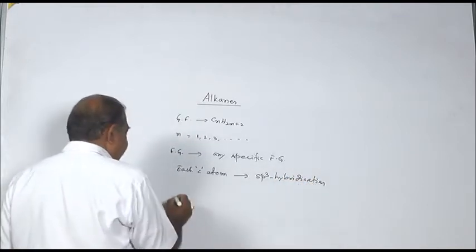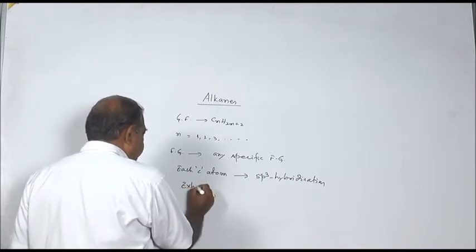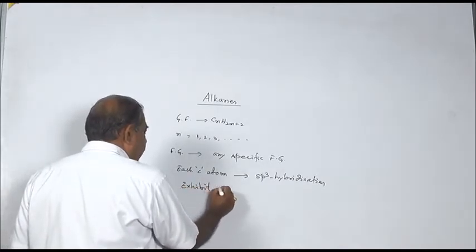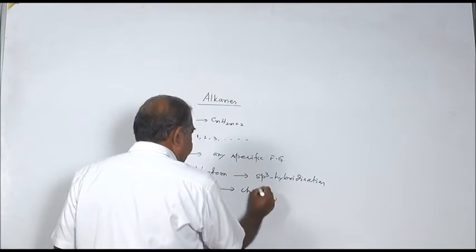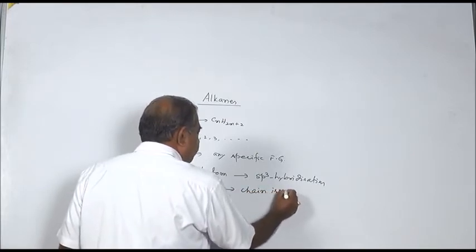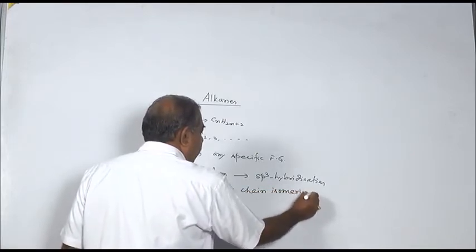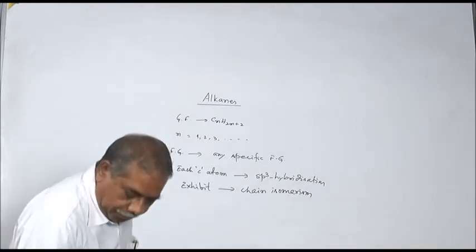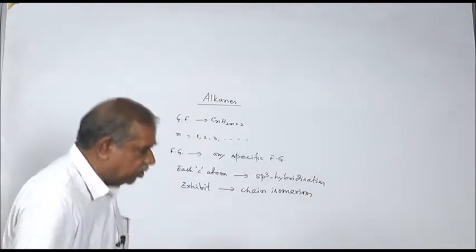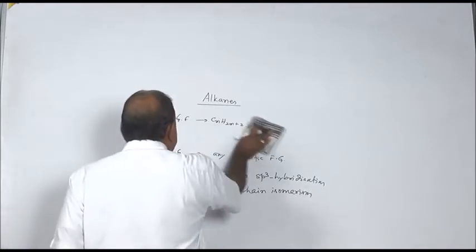Now usually alkanes exhibit chain isomerism. Next I am proceeding to different methods of its preparation.